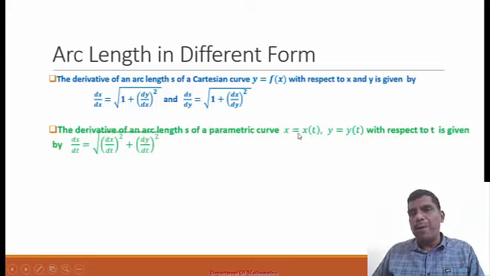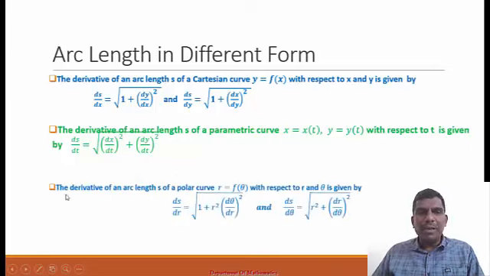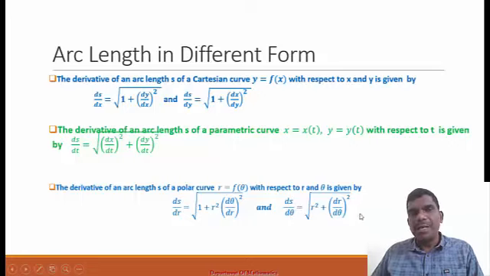Next, in the parametric form, ds by dt will be equal to square root of (dx by dt) whole square plus (dy by dt) whole square. And in the polar form, we have ds by dr is equal to square root of 1 plus r square into (d theta by dr) the whole square, and ds by d theta is equal to square root of r square plus (dr by d theta) whole square.